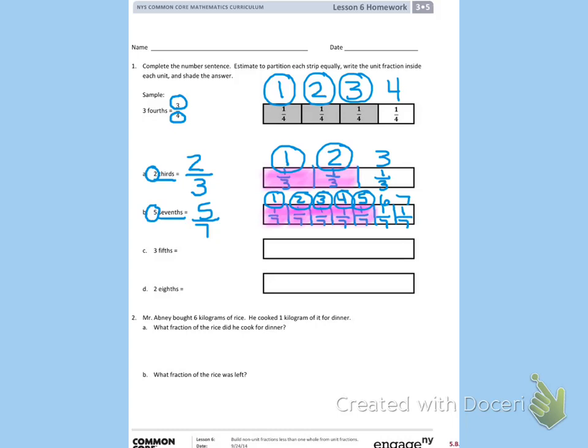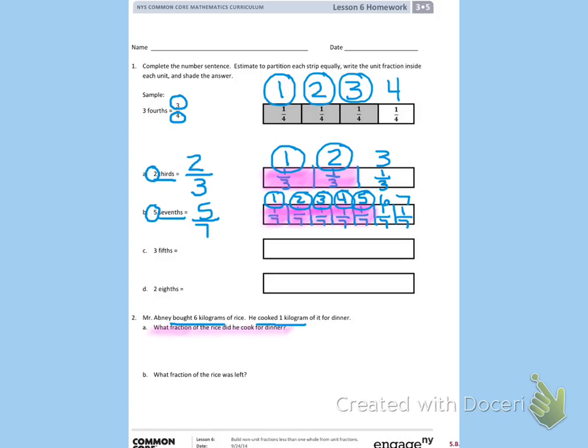Let's look at item 2. It says Mr. Abney bought 6 kilograms of rice. He cooked 1 kilogram of it for dinner. I'll underline the important details. He bought 6 kilograms and he cooked 1 kilogram. The question says, what fraction of the rice did he cook for dinner?